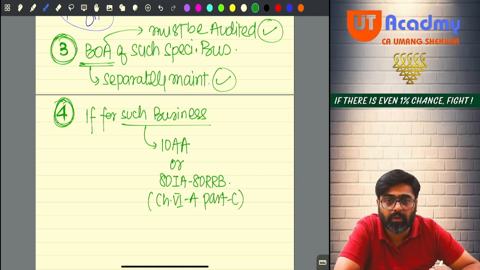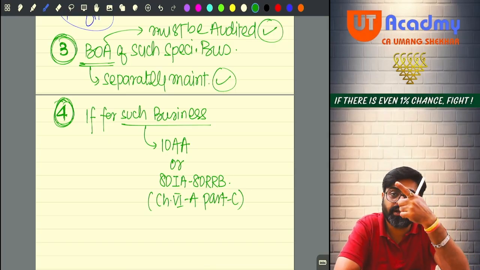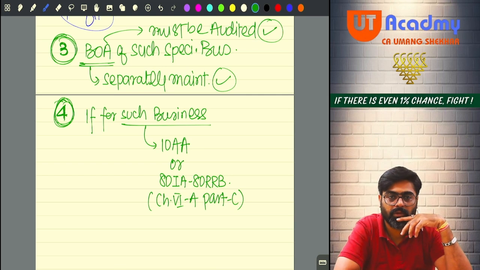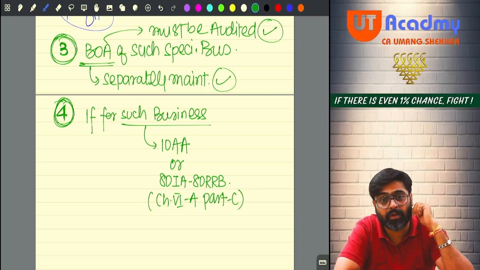See, sometimes with regard to these businesses, you get deduction under 10AA also. Sometimes with regard to these businesses, you can get 80IA to 80RRB also.